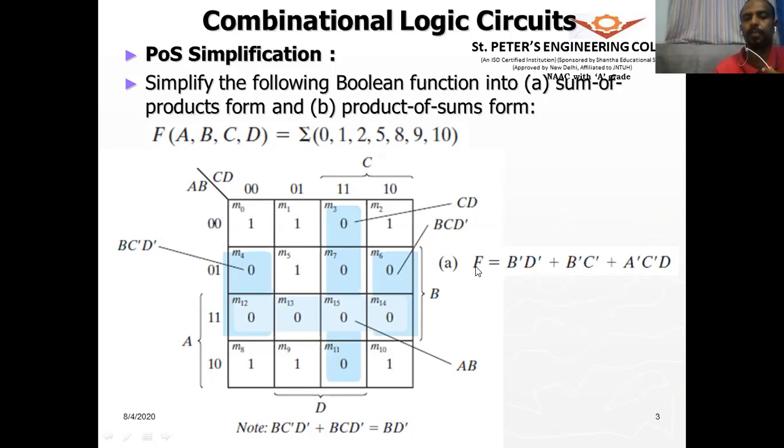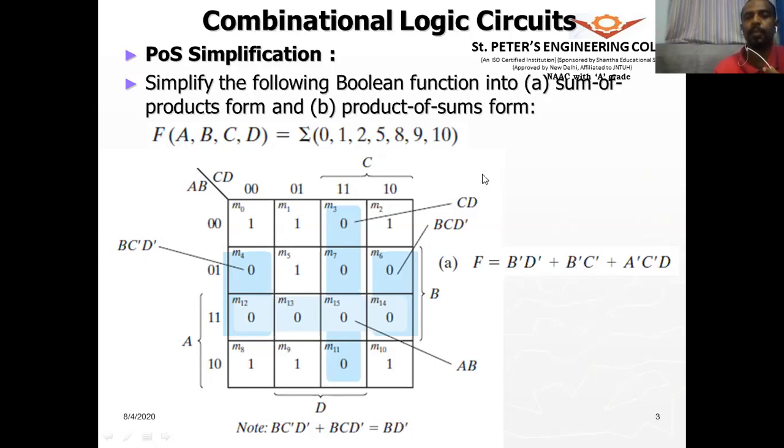So this F expression is the output expression for which the output is 1. And this is the sum of products form. We have simplified this, and from this many terms, we have reduced it to this many terms.